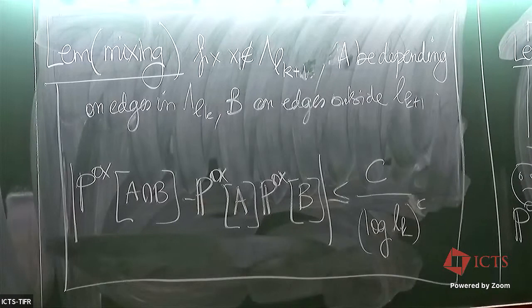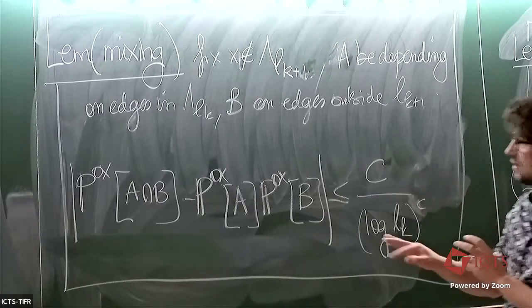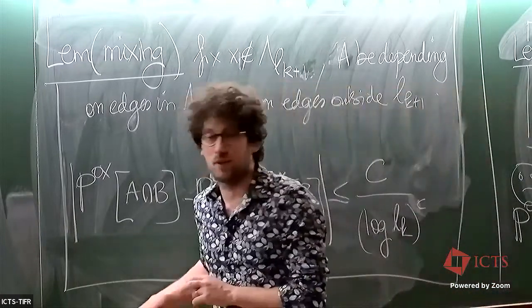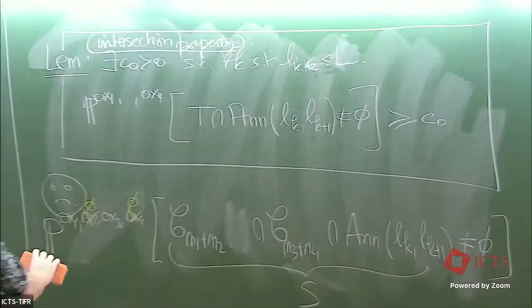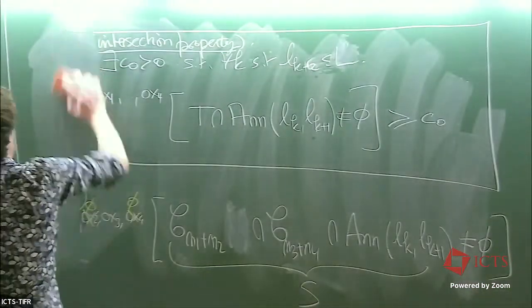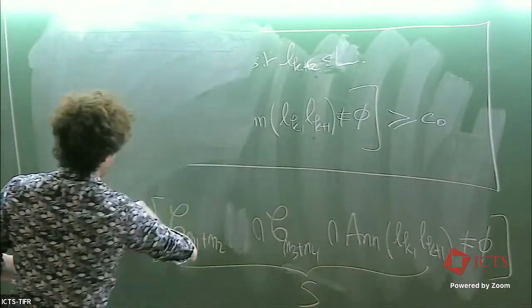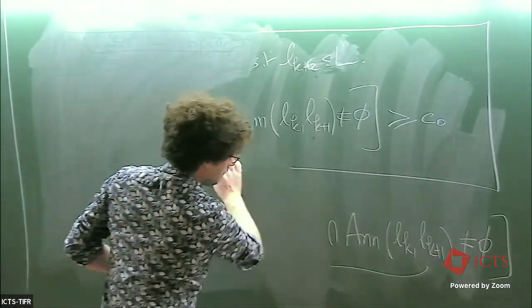So the only thing I will do in the last 5 minutes is to just make you feel that this is not so easy, and there is something a little bit miraculous with the fact that we managed to pull this off.